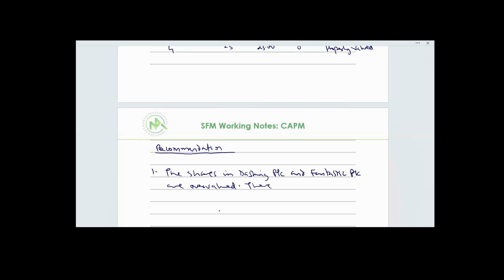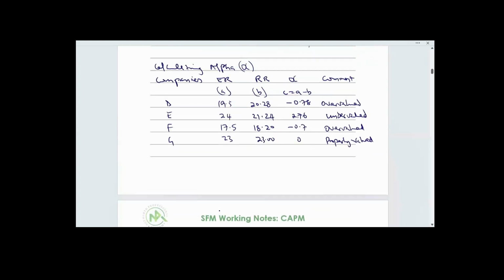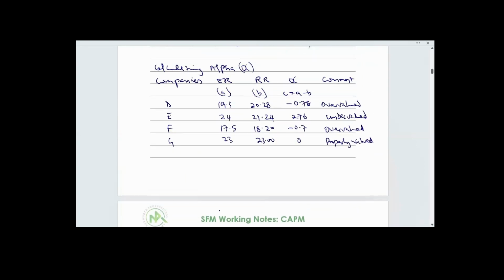Therefore, the securities should be sold. You will see that Dashing PLC and Fantastic PLC have a negative alpha. That is, the expected return is lower than the required return in those cases. In that case, they are overvalued. If they are overvalued, then they should be disposed.